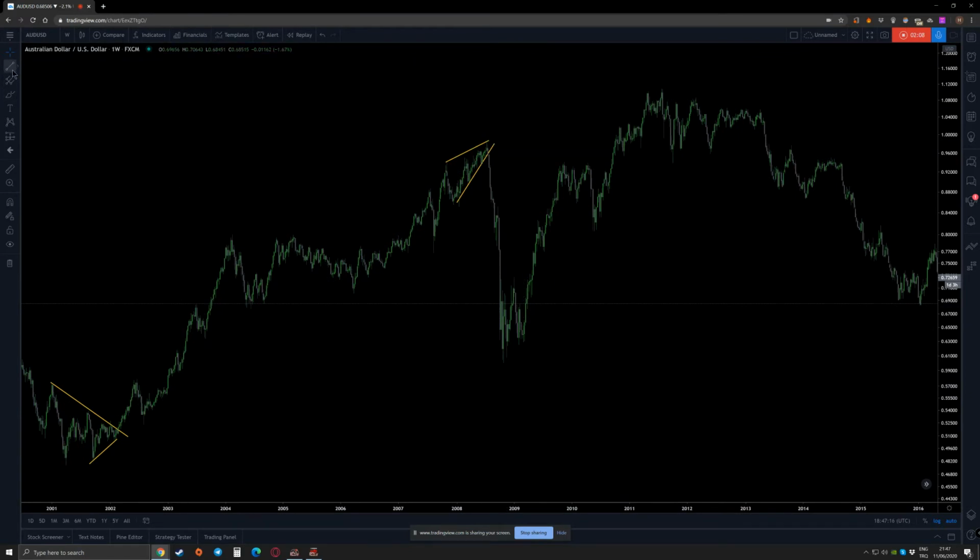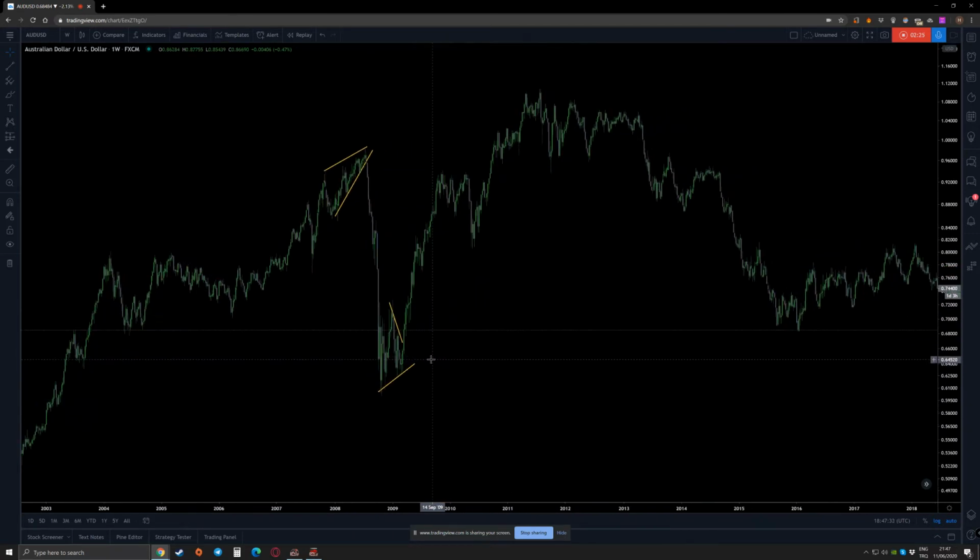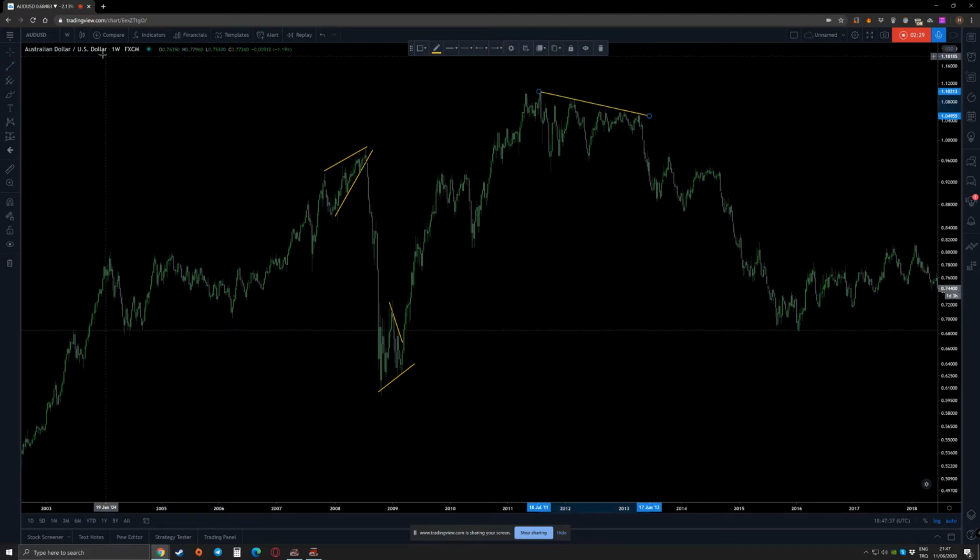Something ended here with a complex correction. Okay, this wave ended here, and another wave ended here. This is more likely to be a zigzag formation. Something ended here. Something definitely ended here too, such as this.